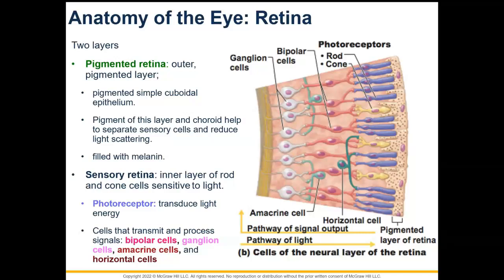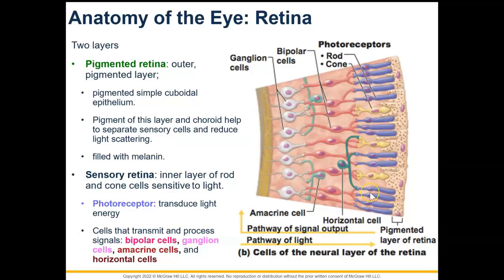And the reason it is pigmented is because these little spots here are representing the melanin. Then we have our sensory portion of the retina, and this is the inner layer of rod and cone cells that are sensitive to light.